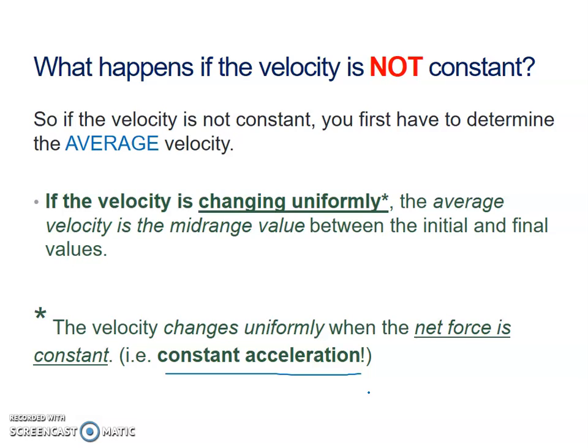Constant acceleration means that you're constantly changing your velocity, your speed, or your direction for that matter. Just because something's constant doesn't mean that nothing's happening. It means that the thing that is constant is not changing. It is continuing to happen at the same rate.